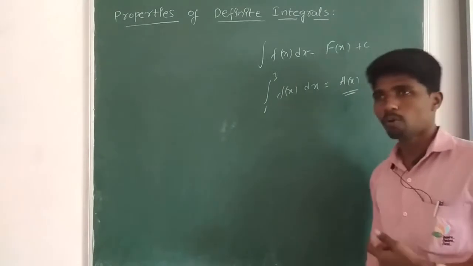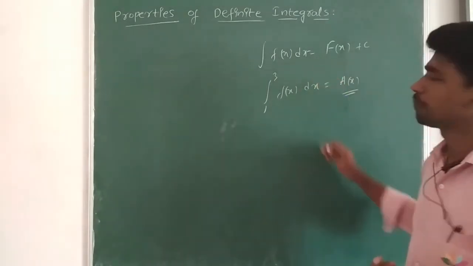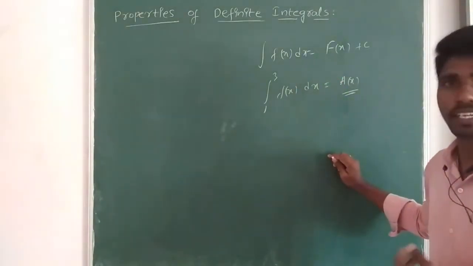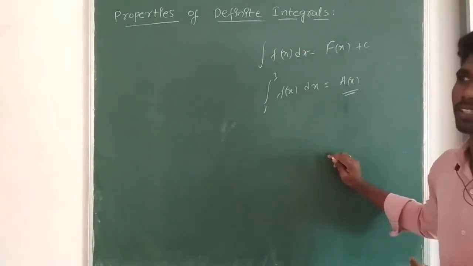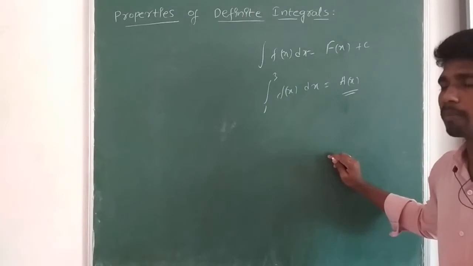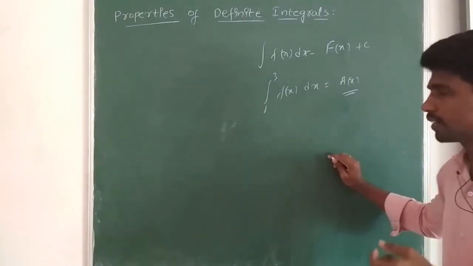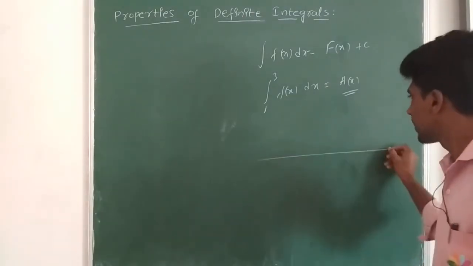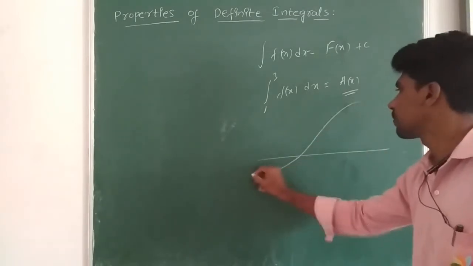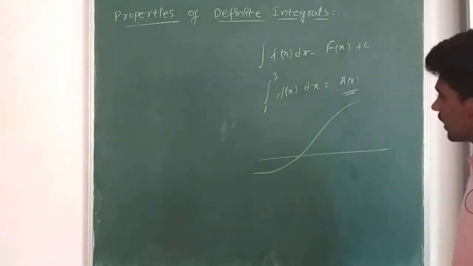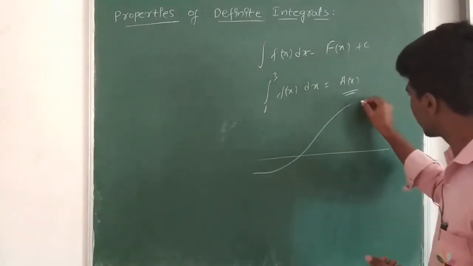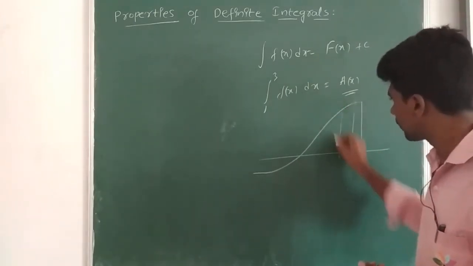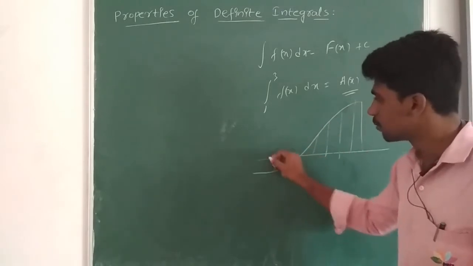So what is the area bounded by the particular curve and the x-axis? In such cases, we can find the curves which are intersecting the x-axis. Whenever it intersects the x-axis, its properties change. So we may get the area sometimes positive and sometimes negative.